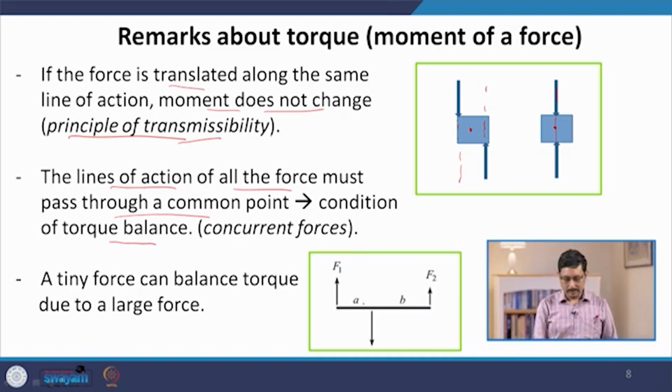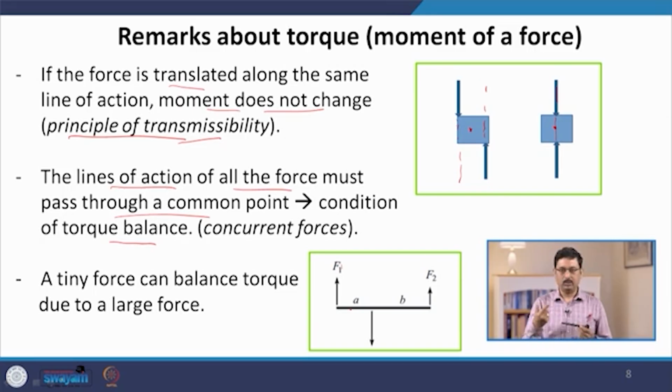Another point is that the definition of torque requires not only the value of force, but also the distance of the line of action from the pivot point. So, we can change torque not only by changing the magnitude of force, but also by changing the distance. This is what we use in day to day life when we close a door.